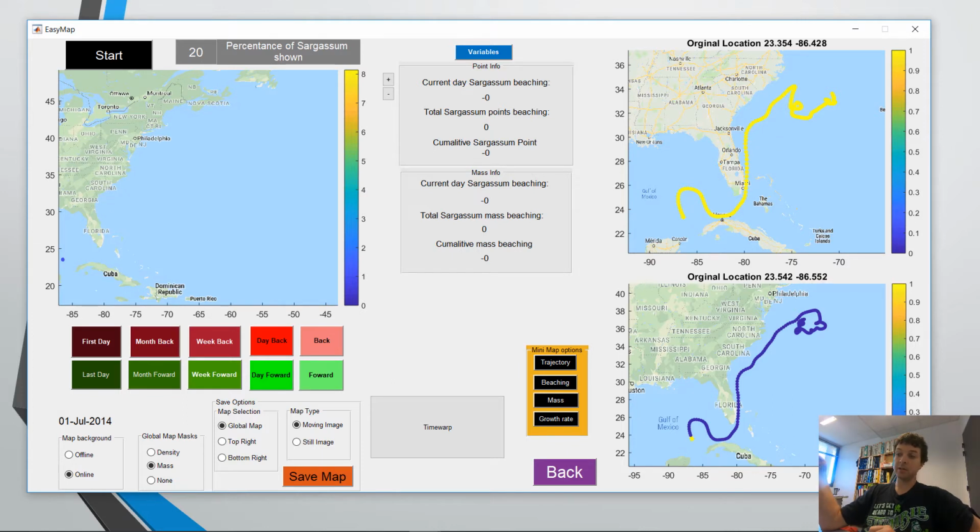As you can see, they originally started right next to each other, and took sort of similar paths, but the particle in number 2 has died within not too long, maybe a couple of days, for whatever reason, because all masses are originally set at 1, whereas particle 2 made its way up to North Carolina and stayed at 1. I don't quite know why, but that is what I've been working on.